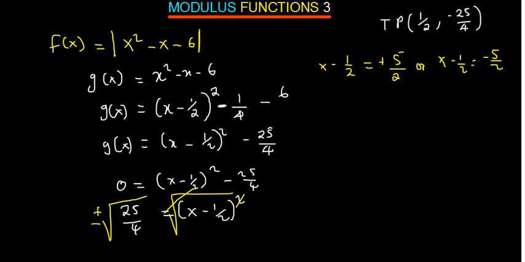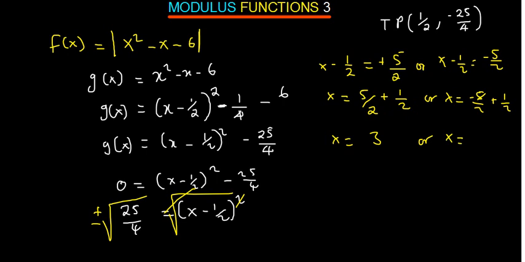And then take the 1 over 2 to the other side, so that x is equal to 5 over 2 plus 1 over 2, or x is equal to negative 5 over 2, and then take the 1 over 2 again, plus 1 over 2. Since the denominators are the same, just add what is on top. 5 plus 1 is 6, divided by 2, that will give you 3.